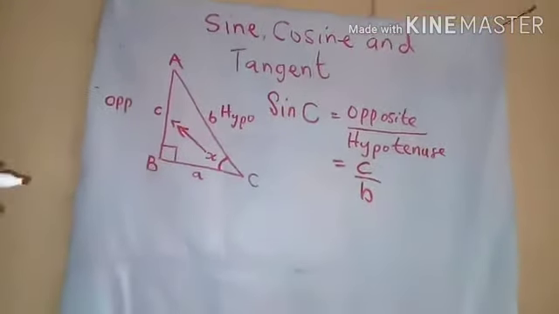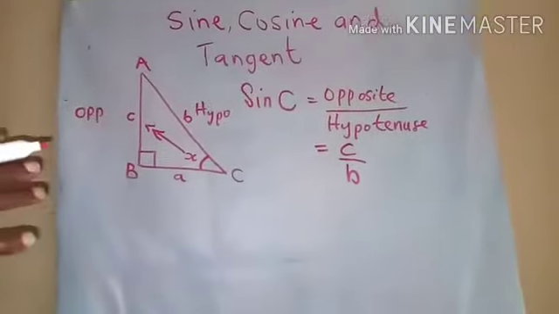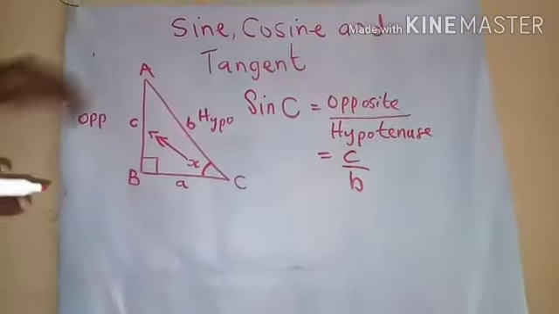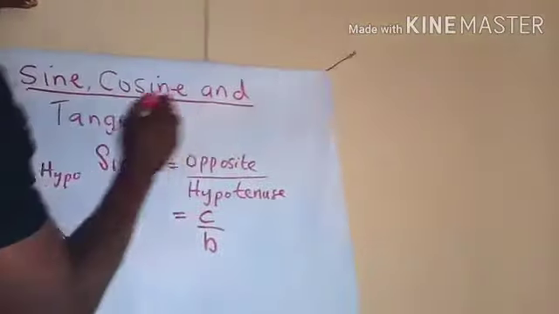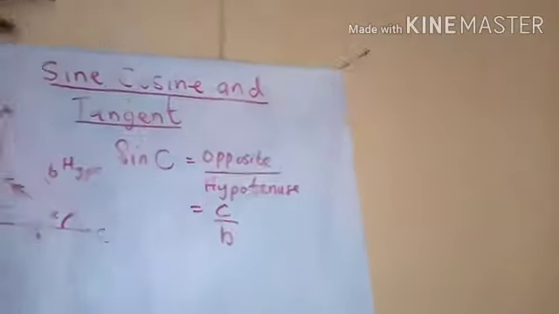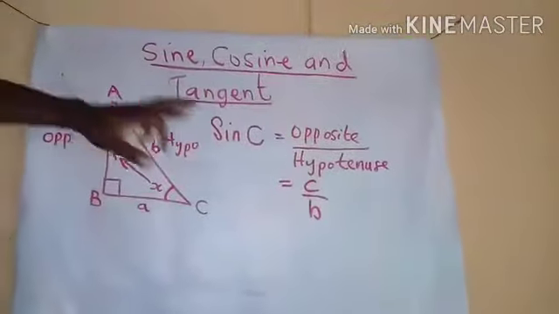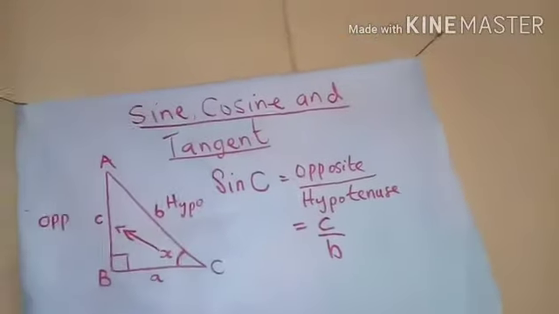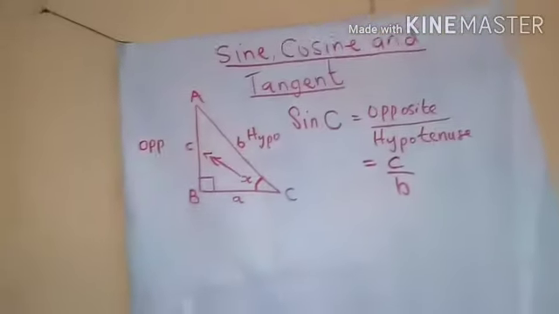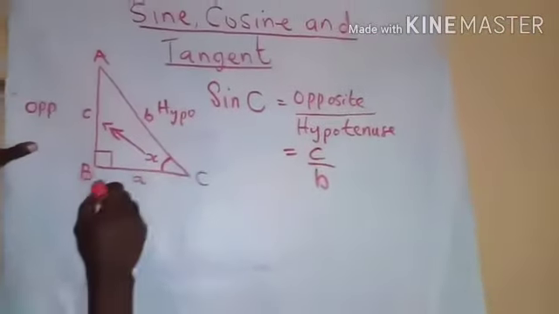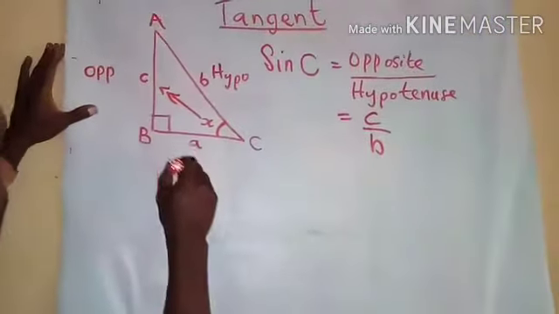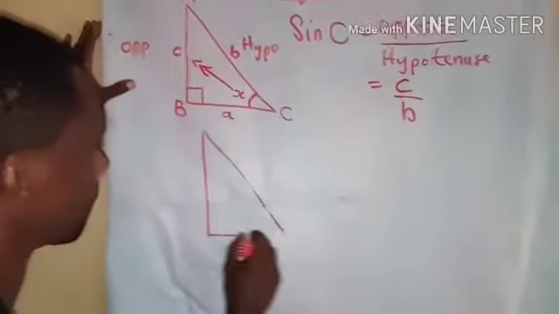So now, if we want to derive another of the trig functions, they call it trigonometry functions, we can only know the angle depending on where it is given.